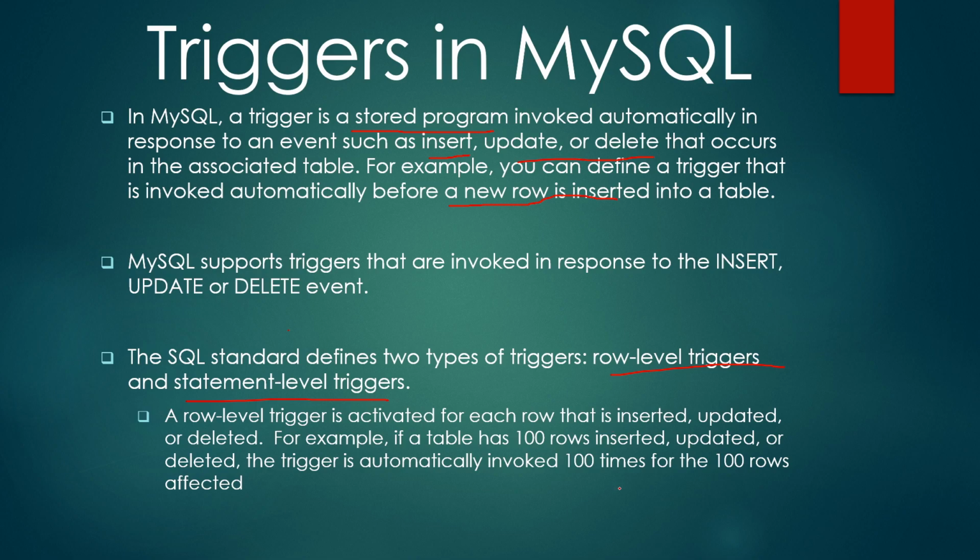So whenever a new row is inserted or deleted or updated, a row level trigger is activated. For example, if a table has 100 rows inserted, updated, or deleted, the trigger is automatically invoked 100 times for the 100 rows affected. So it will be invoked for each row that is affected.